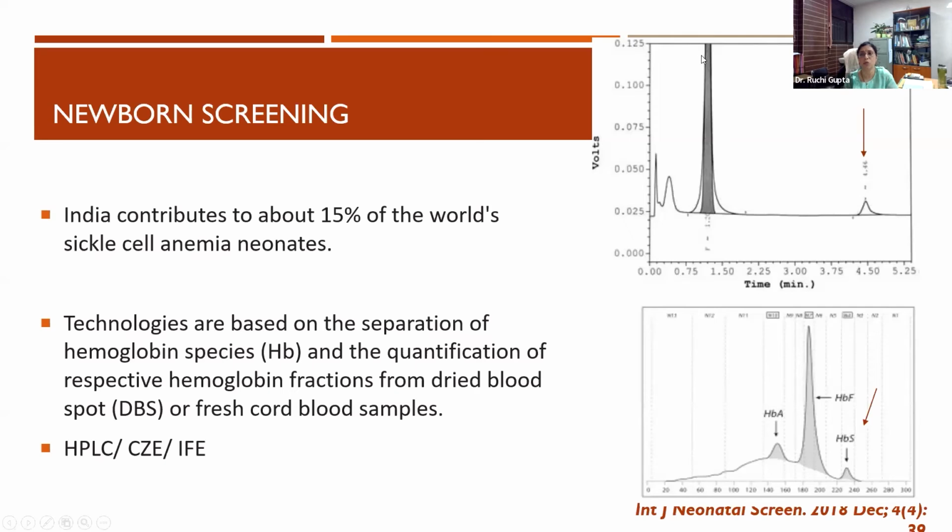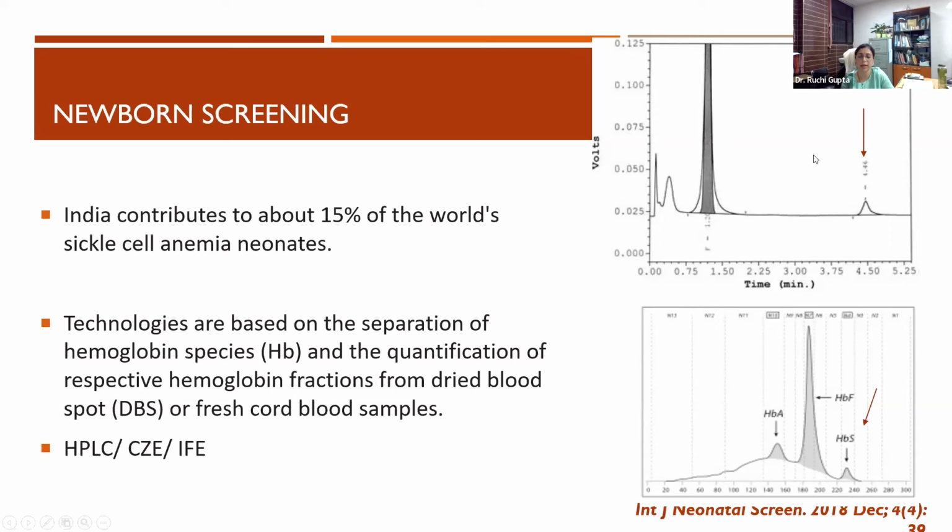As you can see, in a newborn the hemoglobin is largely made up of HbF, but when the child is positive for sickle cell, then a small peak of up to 4 to 5% can be detected even in newborns. Though by this technique we can pick up the presence of sickle hemoglobin, this might not be sufficient to identify whether it is a compound heterozygous state or a homozygous state.